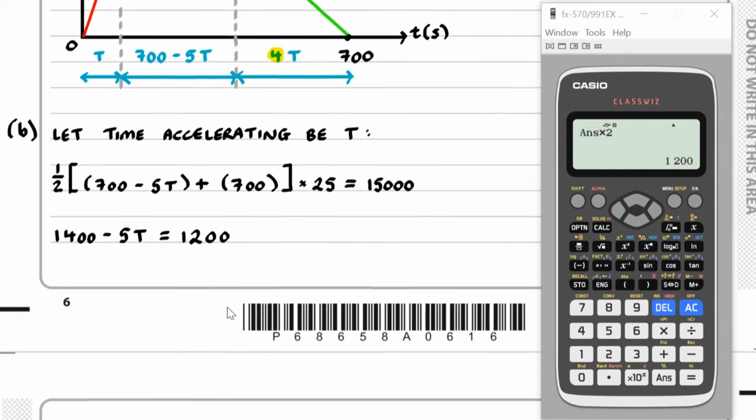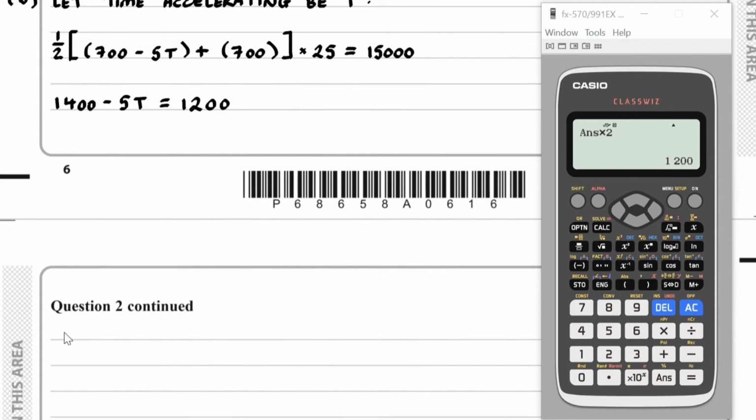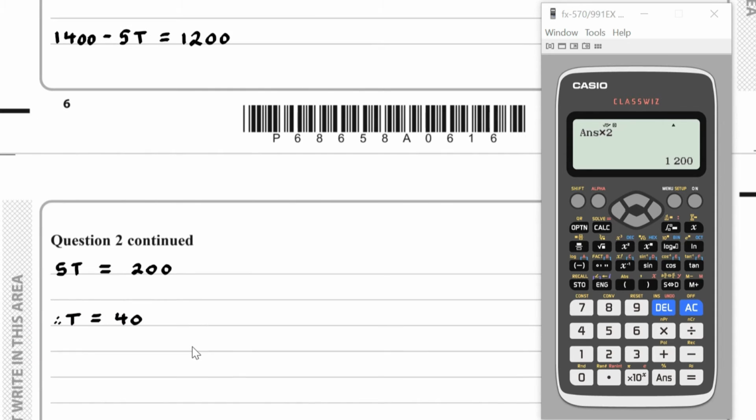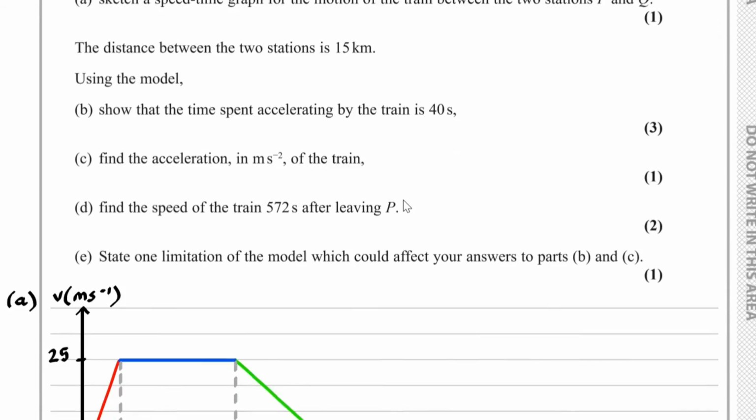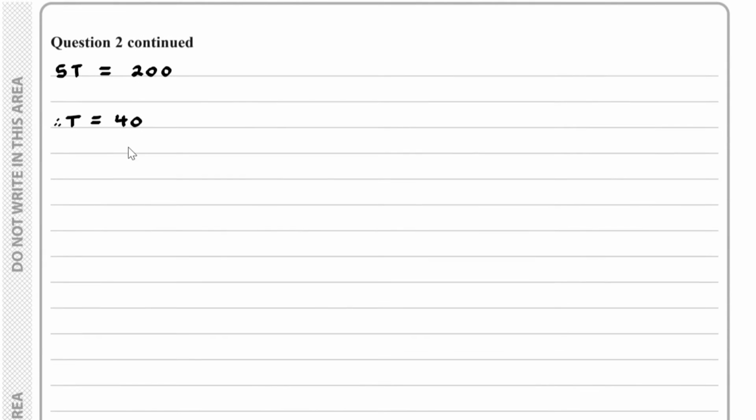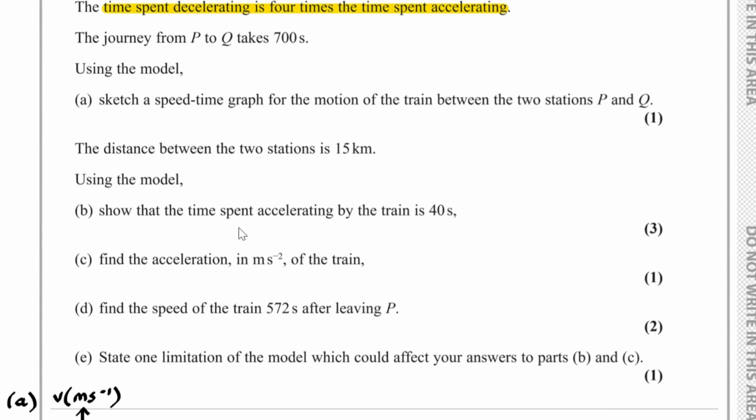And so we have 5t equaling 200, which means t is equal to 40. So we have t equals 40. And if we go back to the question, that's exactly what we wanted to show, that the time spent accelerating by the train, which we said is t, that's 40 seconds.